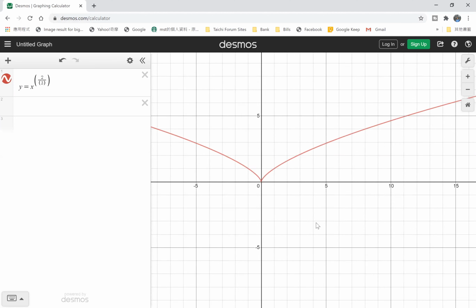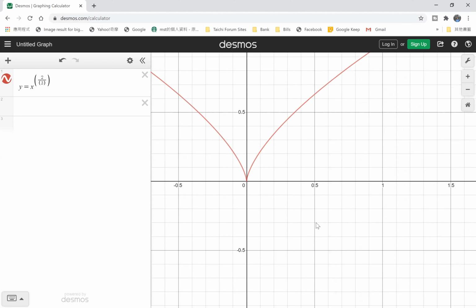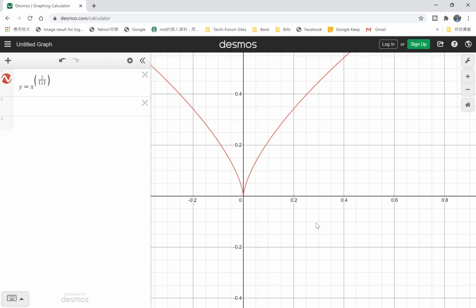So if you look at the graph and zoom in, if we come from the left side, it becomes closer and closer to a vertical tangent, but it's negative. On the left side, the tangent lines are negative. On the right side, the tangent lines are positive.